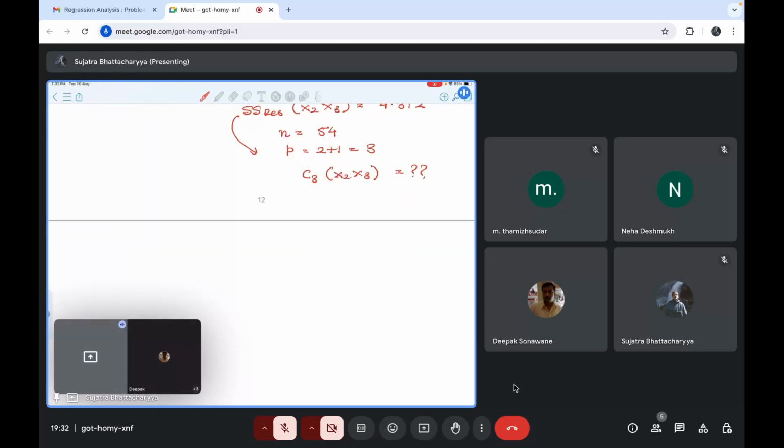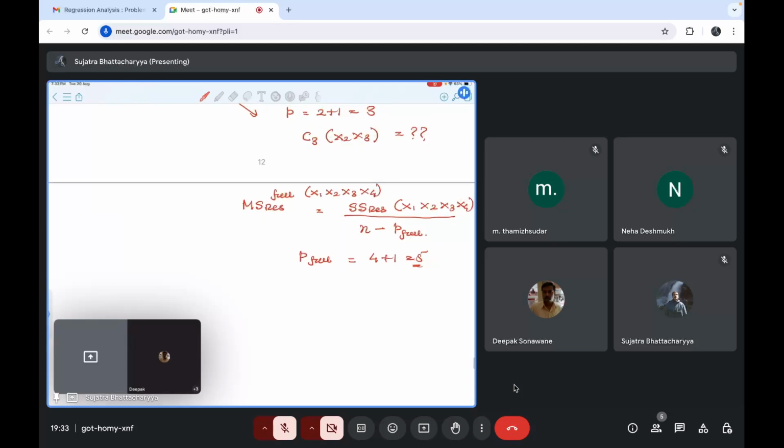But for that, we need MS residual for the full model. Full model means x1, x2, x3, x4. We require SS residual for x1, x2, x3, x4 divided by n minus p of the full model. So what is p of the full model? 4 plus 1, which is 5. Why? Because there are 4 regressors plus 1 is the number of unknown parameters.